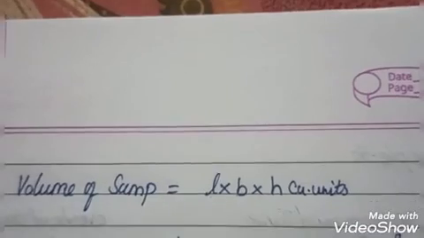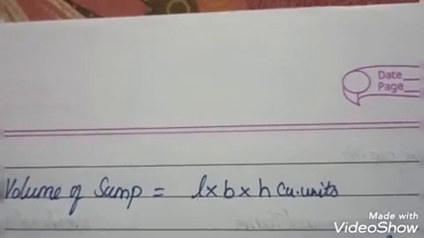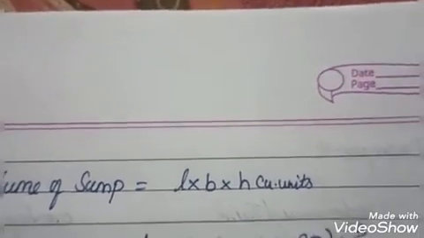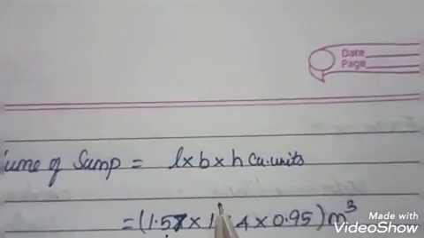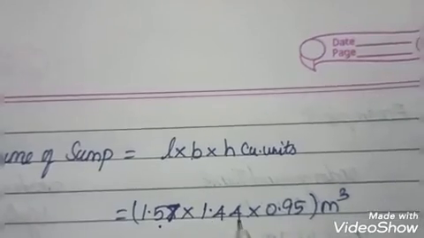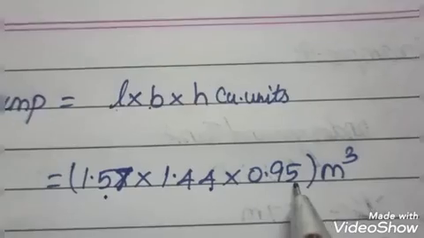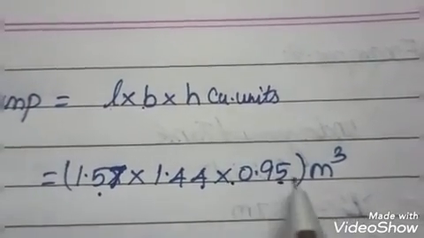So this is the formula to find out the volume of a cuboid. You know that the length is 1.57 meter, the breadth is 1.44 meter and the height is 0.95 meter. You have to multiply, and you get meter cube.